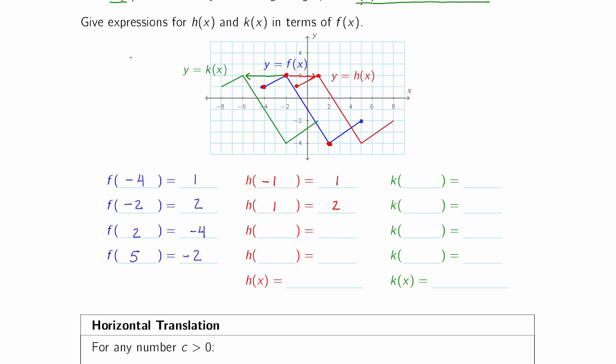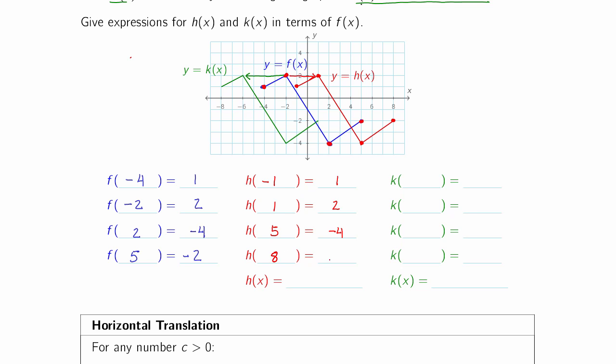We had (2, -4) on the graph of f. Translate that 3 units to the right, and we have (5, -4) on the graph of h. So h of 5 is -4. Finally, we had (5, -2) on the graph of f. Translate that 3 units to the right, and we have (8, -2) on the graph of h.